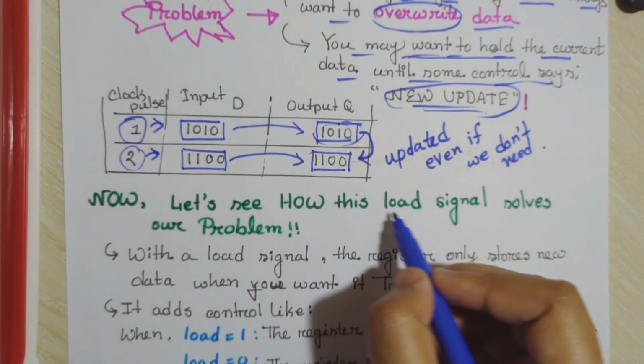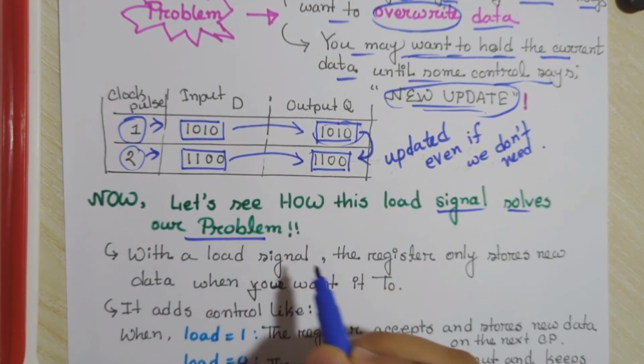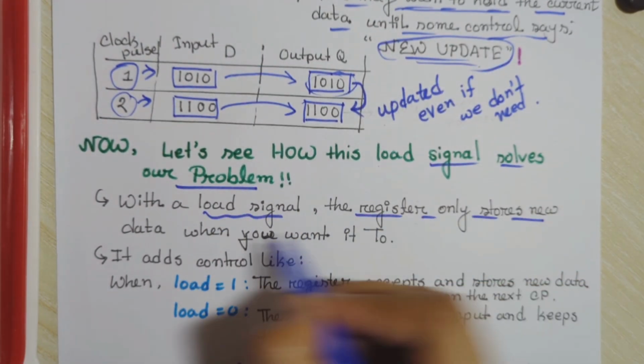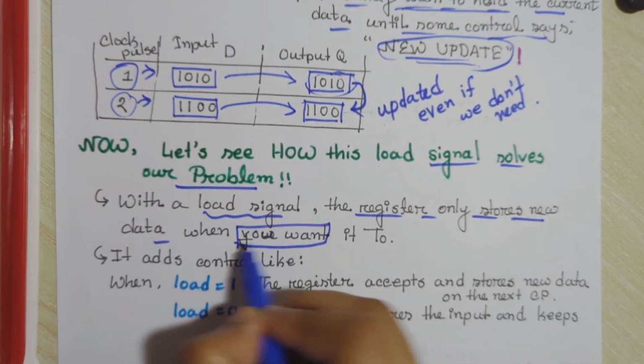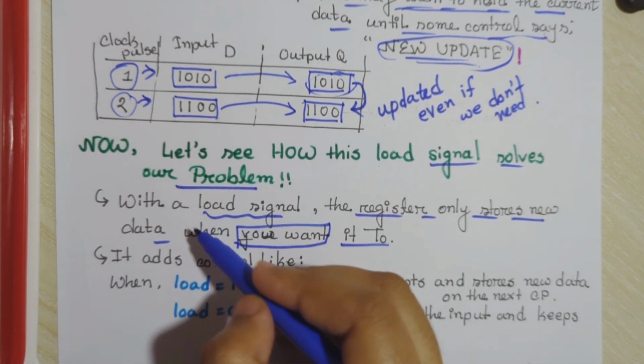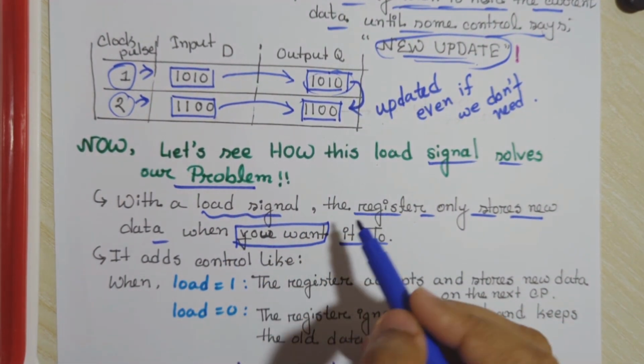Now let's see how the load solves our problem. With a load signal, the register only stores new data when you want it to. When you want to update, the load signal helps us store new data.